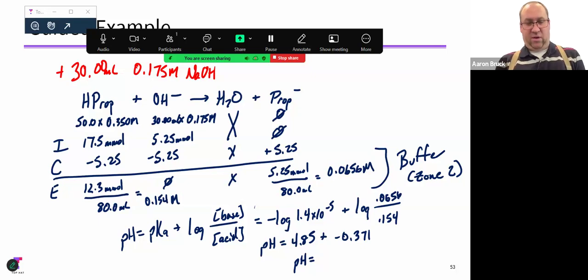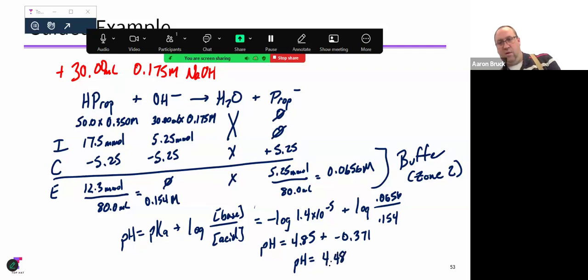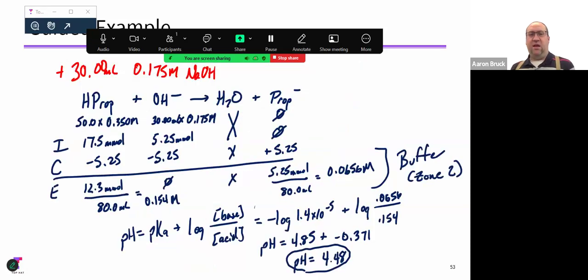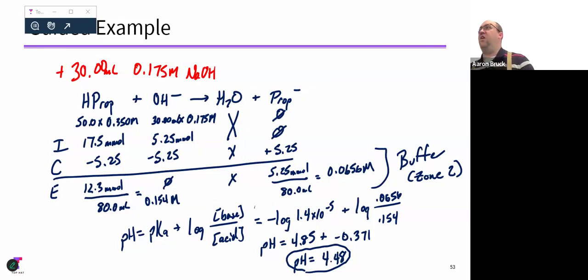Adding those together to 2 decimal places, we get 4.48. So considering that we started at 2.66, 30 milliliters into the titration, we have crawled up to 4.48.